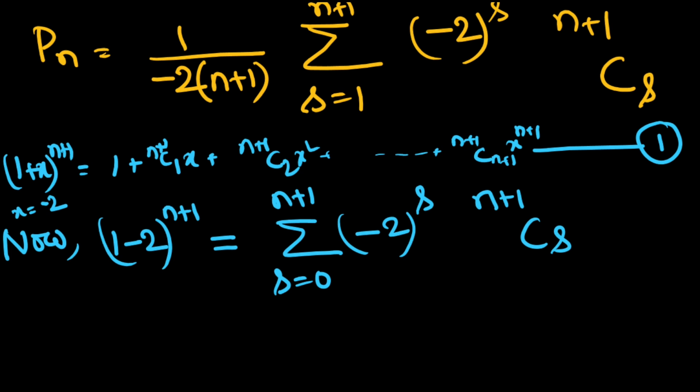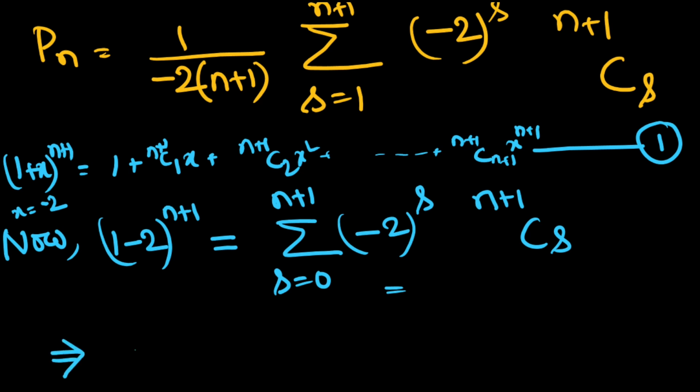Here we put x = -2, then it gives this form. If we write this expression in summation form, we get the summation s = 0 to n+1 of (-2)^s (n+1)Cs.